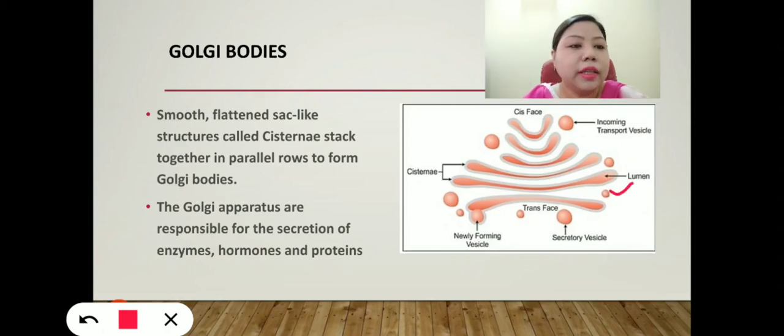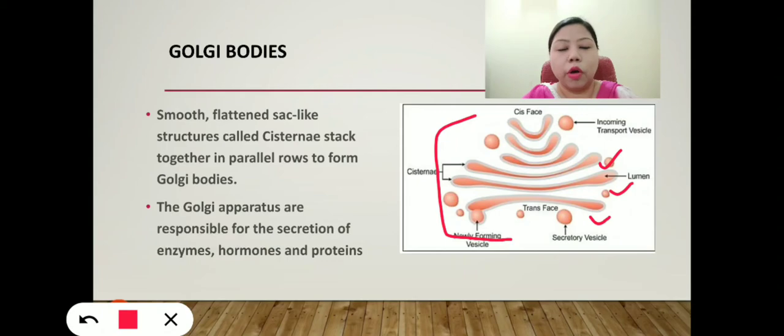You can see these structures called cisternae stacked together in parallel rows to form the Golgi body. The whole thing is the Golgi body. The Golgi bodies or apparatus are responsible for the secretion of hormones, enzymes and protein.